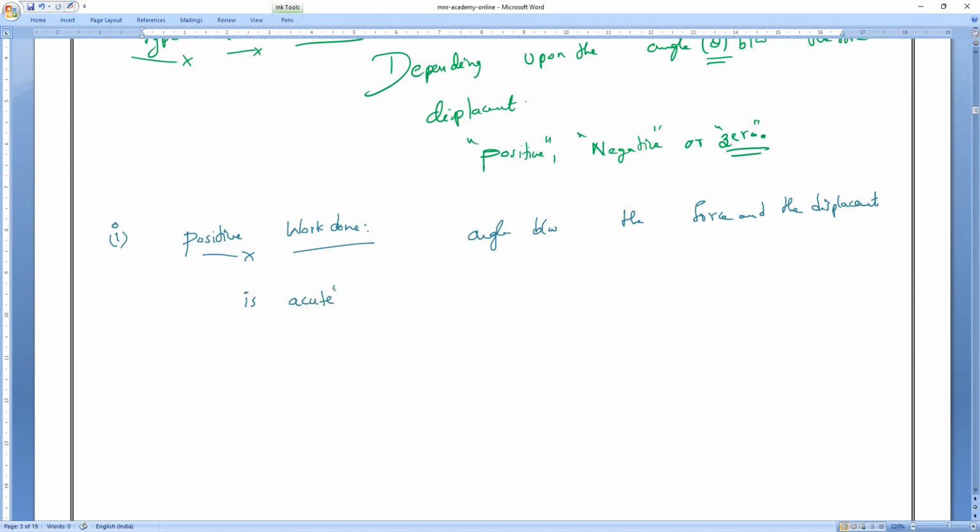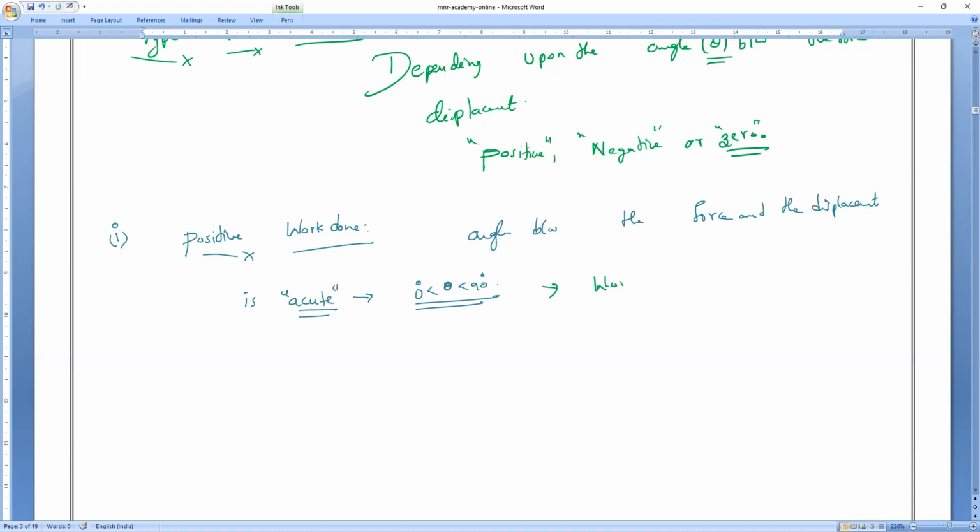What do you mean by acute angle? Anybody can tell? You might have studied it in mathematics. Less than 90 degrees, that is 0 to 90 degrees. It must be more than 0, or of course 0 also, and it must be less than 90. It should not be 90. That is what you have to remember.